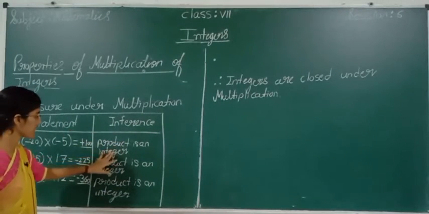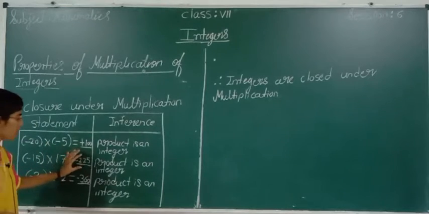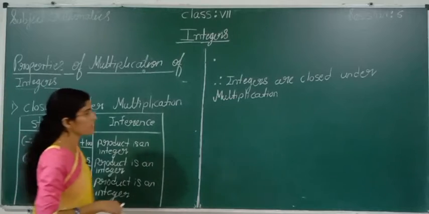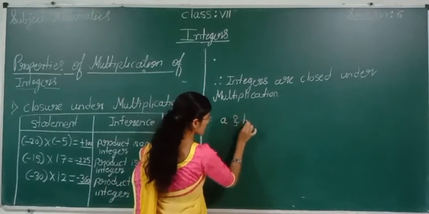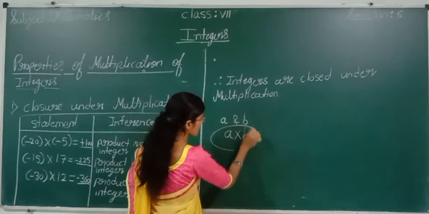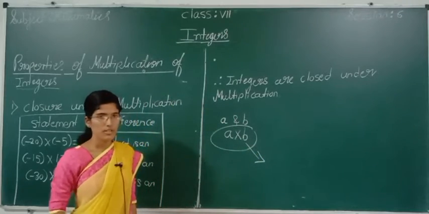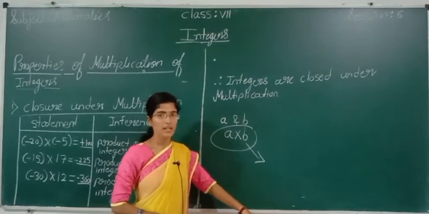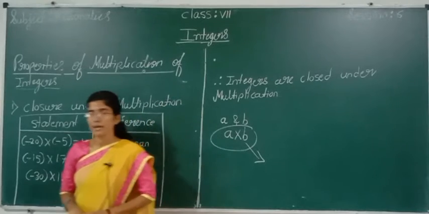Yes, product is an integer. Minus 15 into 17 is minus 225. Product is an integer. What we can tell orally? If we take a and b as integers, and if we multiply them, the product is also an integer. If you take two integers and do multiplication, the answer will again be an integer only. Therefore, integers are closed under multiplication.